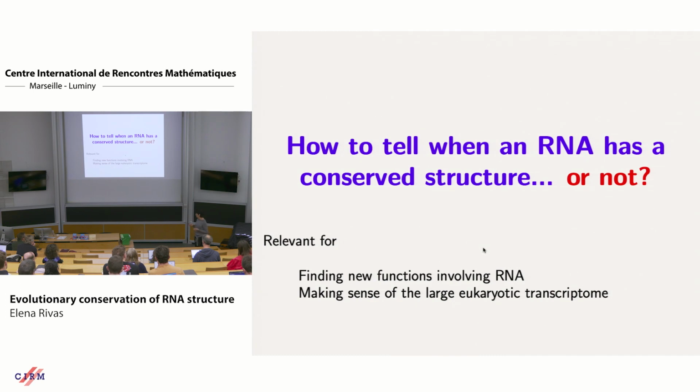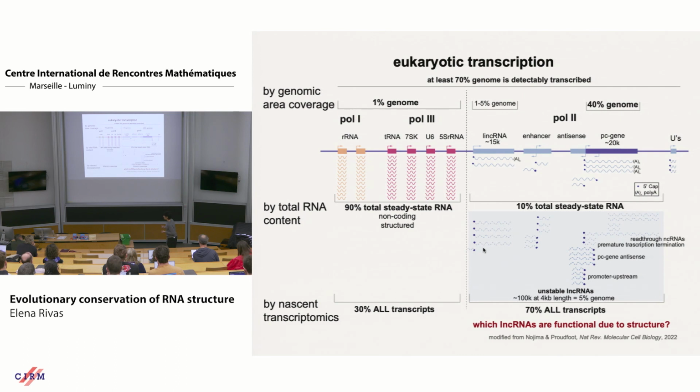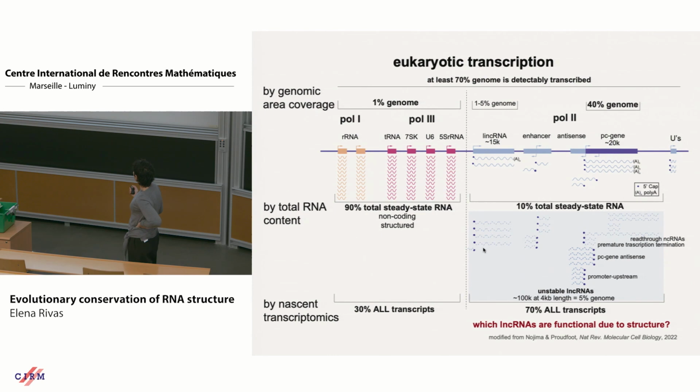And this is important because of the landscape of eukaryotic transcription, which I'm going to try to briefly describe to you. So eukaryotic transcription, you can basically divide in two: transcription by RNA polymerase 1 or 3, or polymerase 2. All the structural RNAs that we know and love are transcribed by Pol 1 or Pol 3.